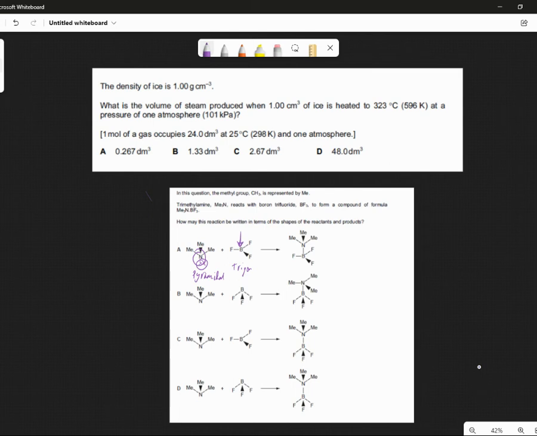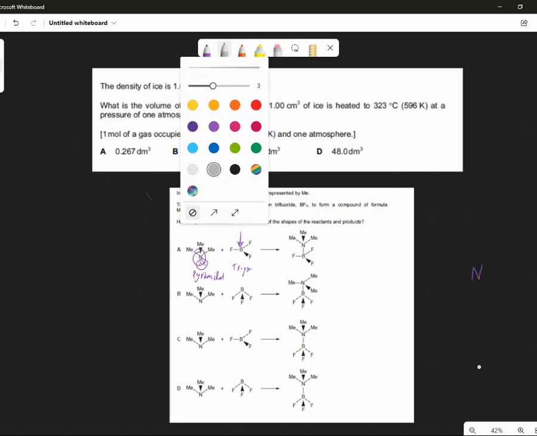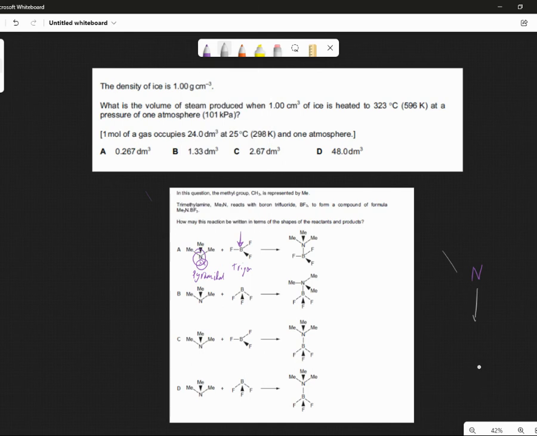When the lone pair from the nitrogen, let me draw it over here. There's the nitrogen. When the lone pair from the nitrogen donates to the boron, how many electron directions are around the boron now? 4. So what shape must it be around the boron now?